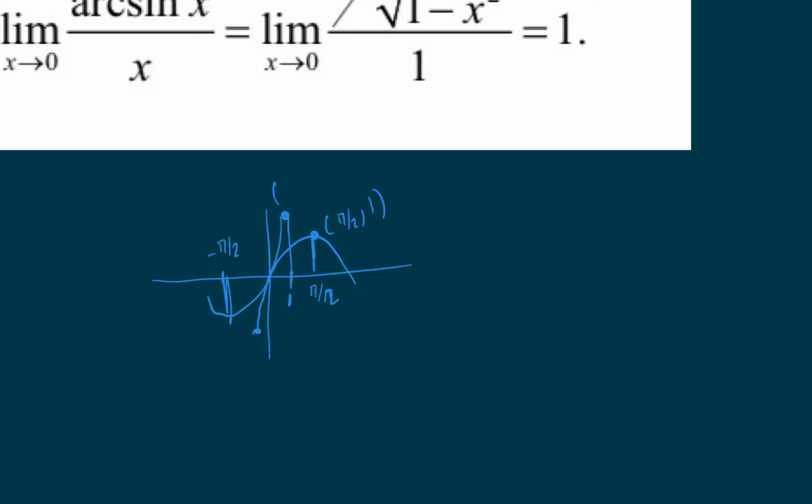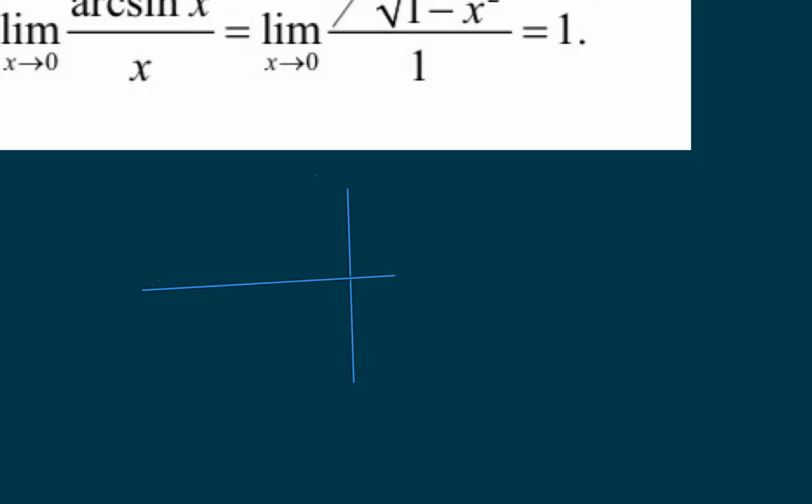Let me make a nicer picture for sine of x. Pi divided by 2 is here: 3.14 divided by 2 is about 1.7. Here is 1, and the function does like this.